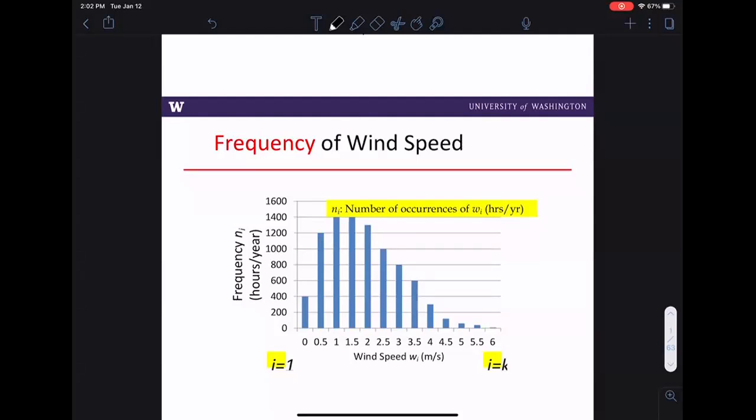This says I measured the frequency for a year, the wind power for a year, and there's a number of counts I have. So this forms the so-called distribution of the wind speed. There's some distribution, and we're going to do a bunch of calculations given that we have this sort of distribution information.